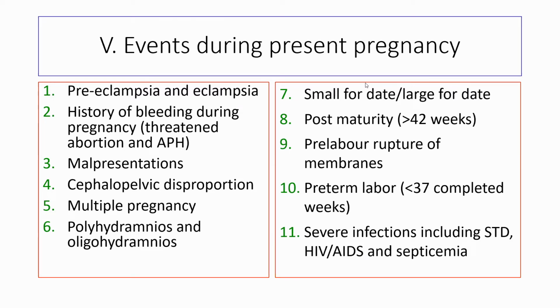Multiple pregnancy, similarly Rh abnormality, small or large fetus, post maturity, pre-labor rupture of membranes or preterm labor, or certain severe infections like STI, sepsis, HIV. So all these during the present pregnancy are usually considered high risk.